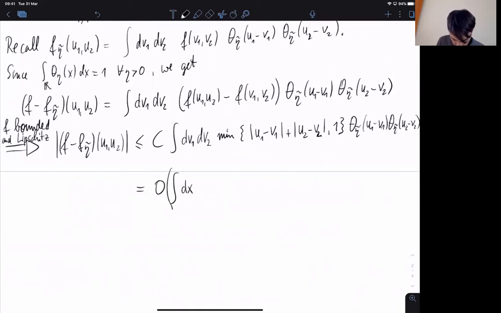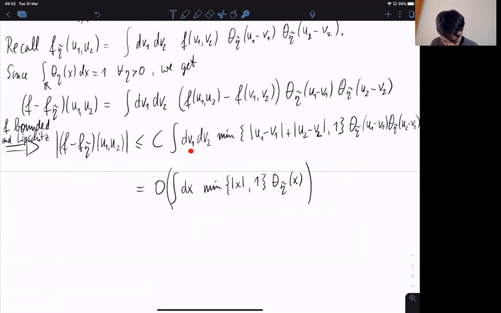I have a dx integral, then I have a minimum over x and 1, and a theta eta of x, right? So just go through it. I pull these two things in here, and for similar here.